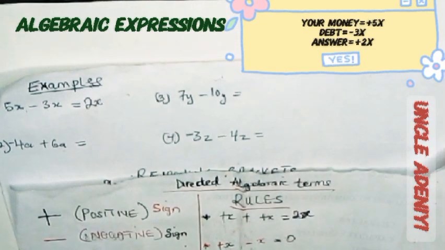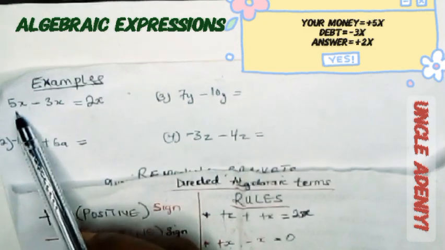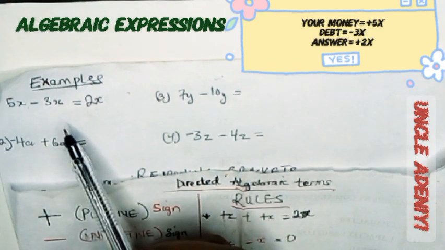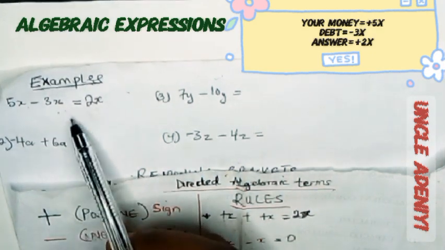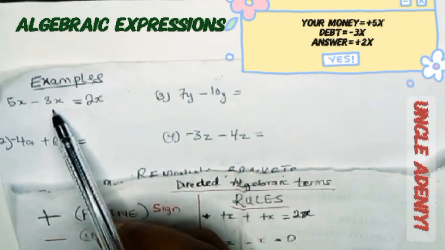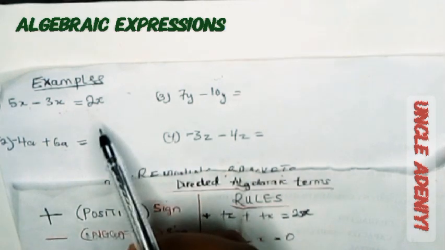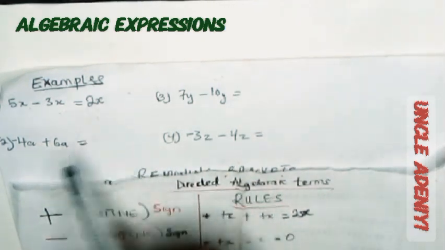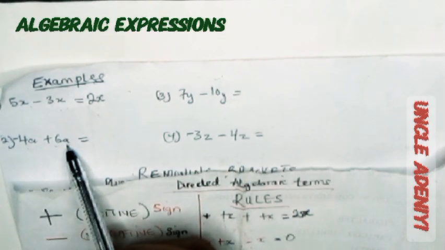I told you that the trick there is 5x is yours, minus 3x is debt. So what will now be left with you is 2x.